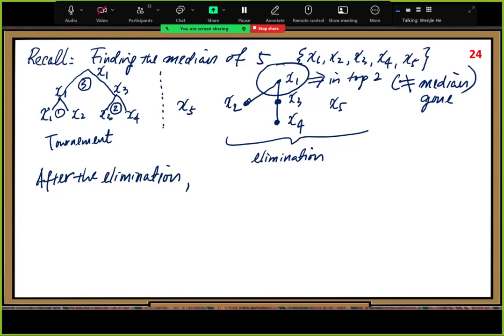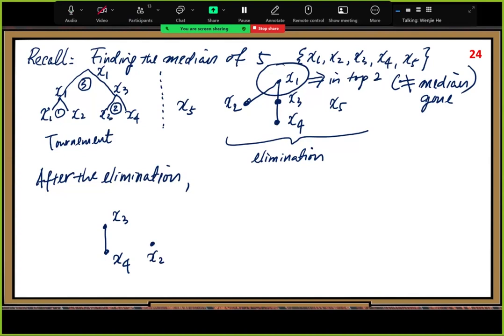Let's clean up our data. Our data after elimination: X3 greater than X4, X2 is here, and X5, right?